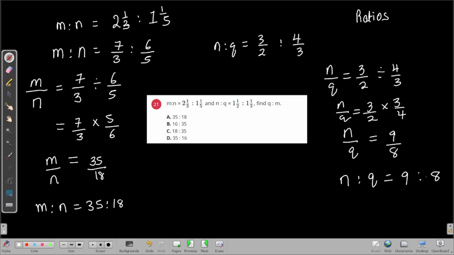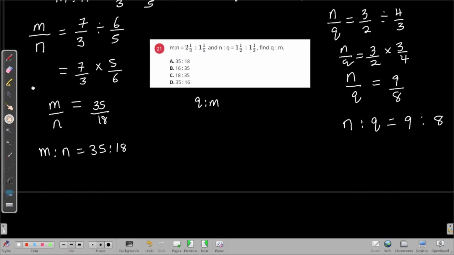So now we need to combine the ratios because we're looking for q ratio m. Okay, so we need to combine the ratios.